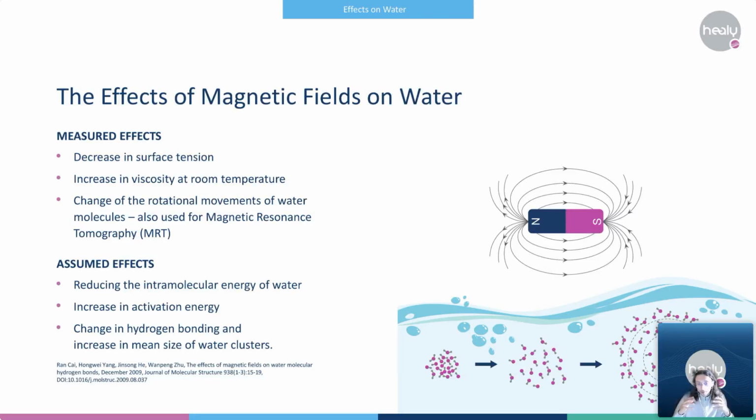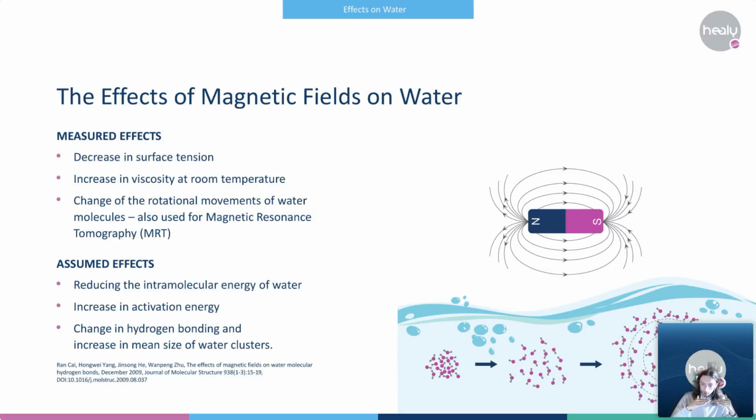You increase the viscosity at room temperature, and you change the rotational movement of water molecules, also used for magnetic resonance tomography. I also had this in the last training. As you all know, you have MRI, magnetic resonance imaging. This is based on the effect that those water molecules, if you apply a really, really strong force, like a few Tesla, they tilt.